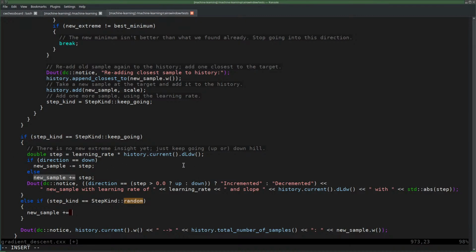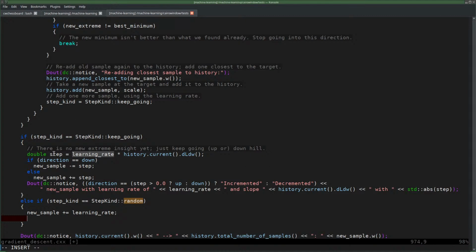Maybe I should just assume that the derivative was 1 and then we add learning rate.